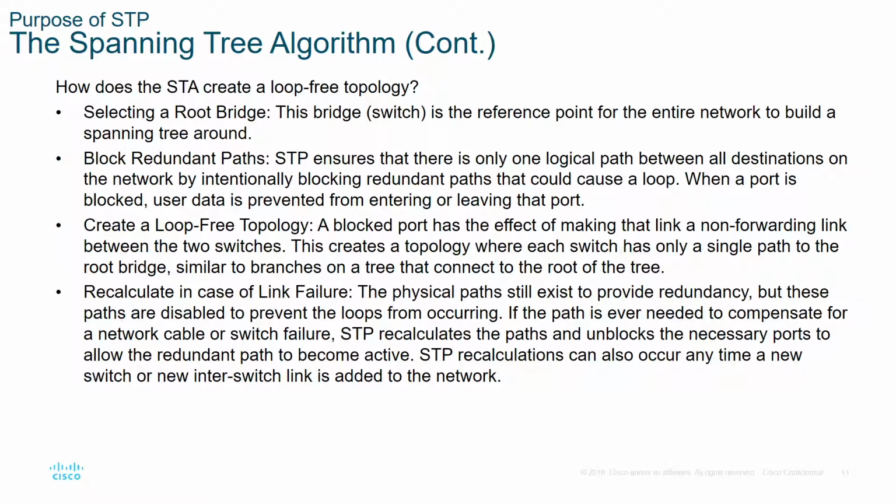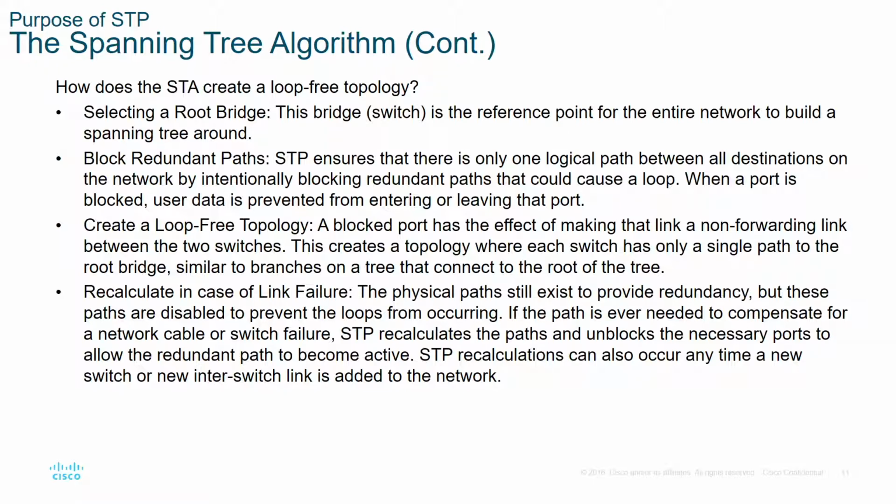If the path is ever needed to compensate for a network cable or switch failure, STP then recalculates the paths and unblocks the necessary ports to allow the redundant path to become active. STP recalculations can also occur anytime a new switch or a new inter-switch link is added to the network.